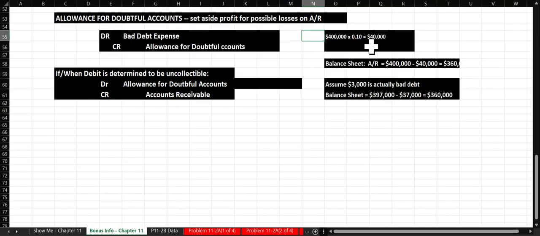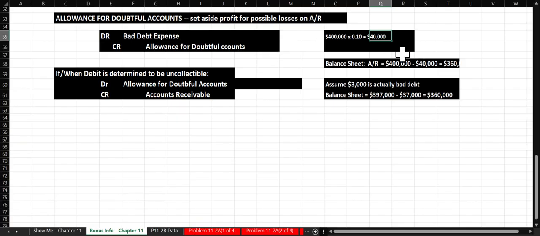So let's just say, for illustration purposes, that they have estimated that on average, they tend to lose 10% of whatever is owed to them. So they would take the 400,000, which is the amount on the balance sheet at the end of the period, multiply that by 10% or 0.10, and they would set aside $40,000 of their profit for that possible loss.